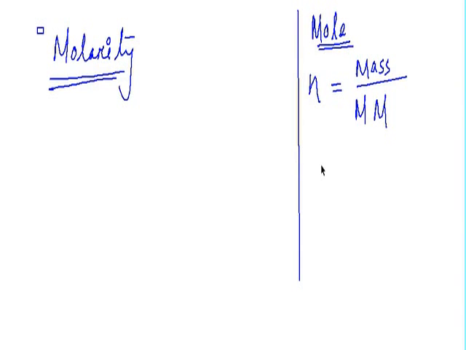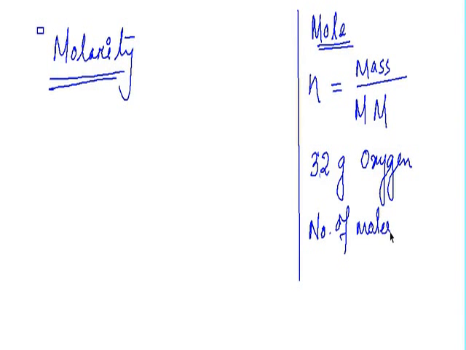So if I have, for example, 32 grams of oxygen, then number of moles of oxygen N is equal to 32 by molecular mass of oxygen is also 32, so we get 1 mole of oxygen. So this is the way we calculate the number of moles.